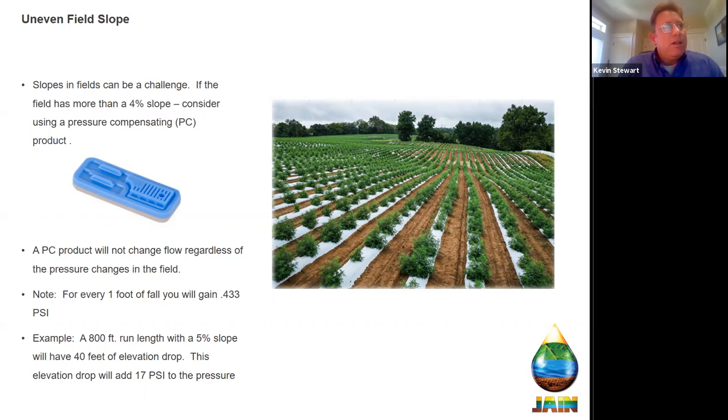This is our Top Drip PC product. We make this in a drip tape. Right now, we're offering this in a 20 mil product.